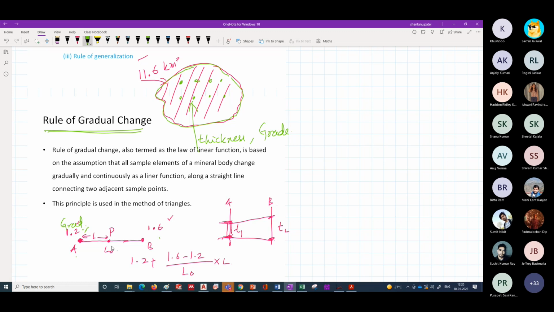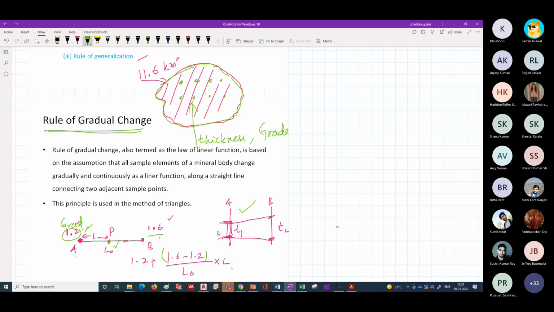The rule of gradual change says that at point P, which is at a distance L, you can calculate the grade using 1.2, the grade at this point, plus the difference in grade, 1.6 minus 1.2, divided by the total distance L0, into L. This will give you the grade at point P. Similarly for the thickness. Is this clear?